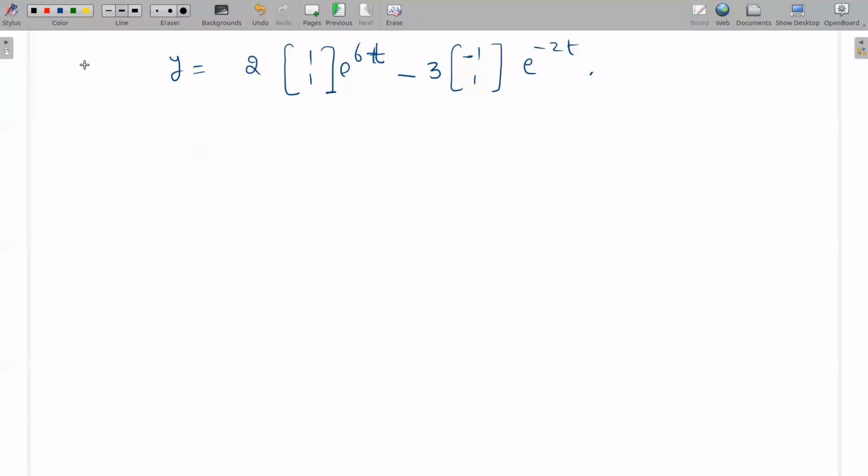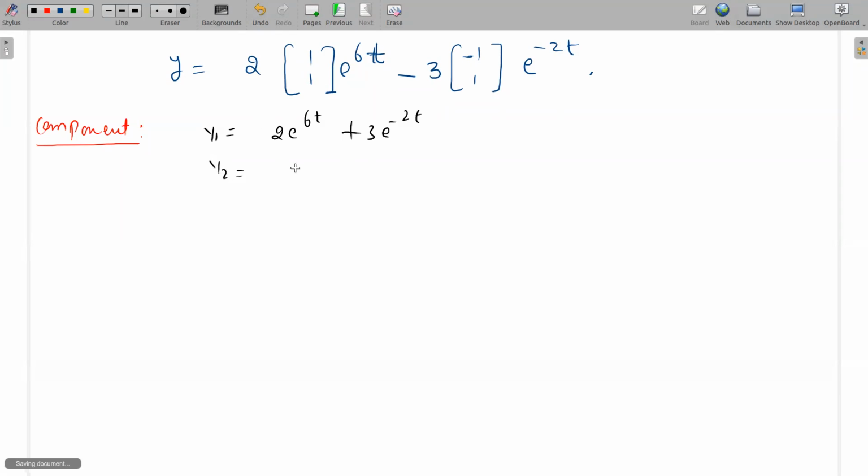Okay, so if you want to write components, component wise, I'm writing in this example only. So what is the first component of the solution? First component, what will it be? 2 e^(6t) plus 3 e^(-2t). Take the first part of the matrix.